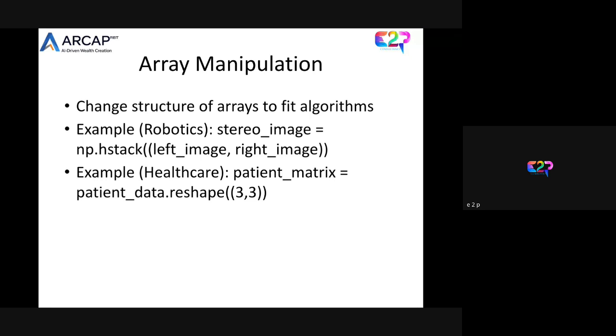So to fit the algorithm, we can apply the change of any data. See here, we are talking about the NP step, right? Here we have taken one image, a left image and a right image. That example I will say.